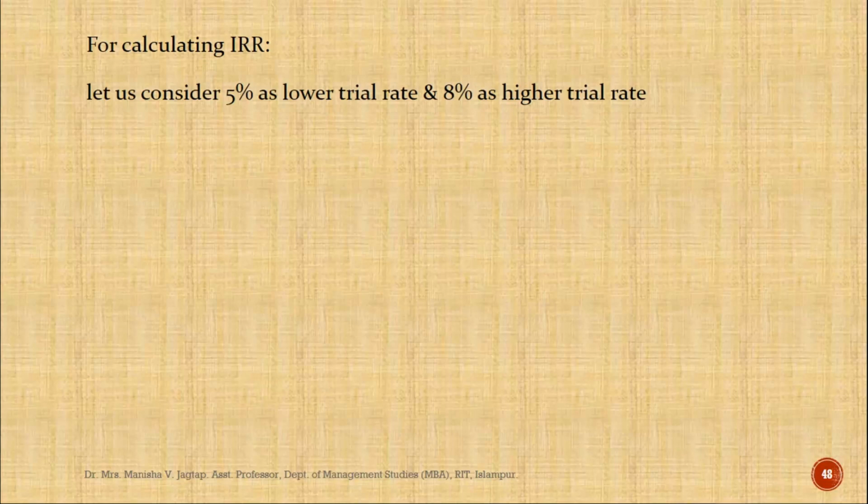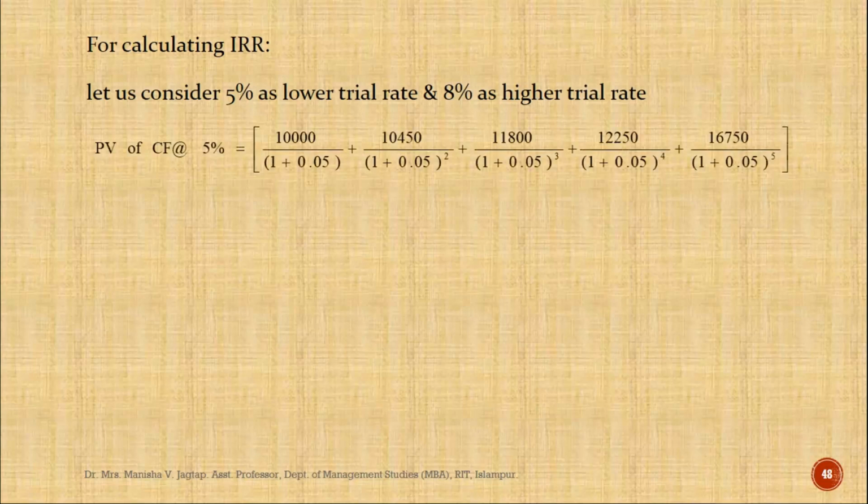So let us calculate it. So present value of cash flow at 5% discount rate. This we have assumed. It is not given in an example. So you may be having a question, how can we assume which rate can be taken here?